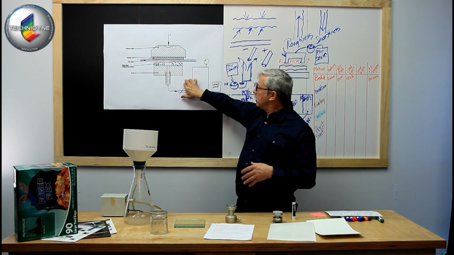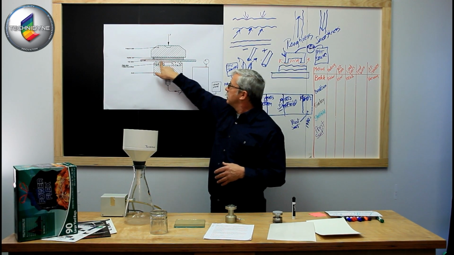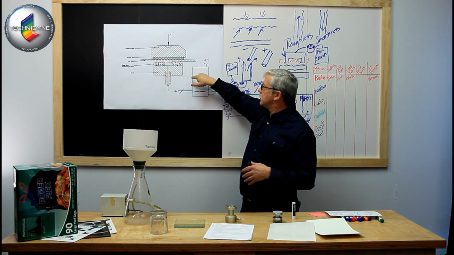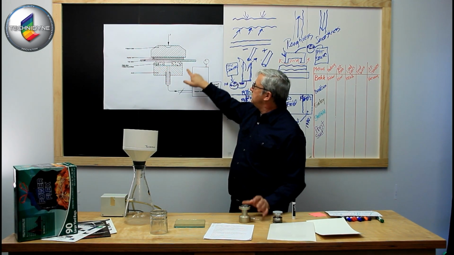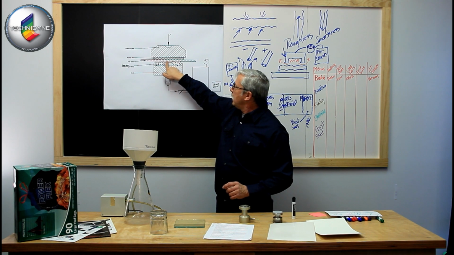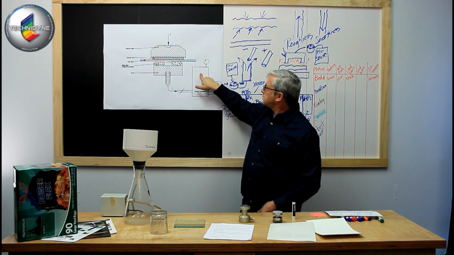Okay? If I open up this valve, now what's going to happen is, if I have some topography to the surface that I have in contact with my measurement head, I'm going to create a pathway that the air can flow into my chamber.